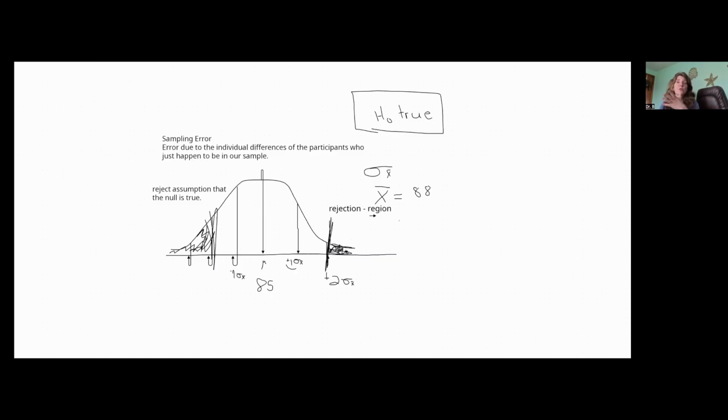We have error due to the individual differences of the subjects that just happen to be in our sample. Maybe we ended up with an extra group of students who took AP stats already. So they already had statistics under their belt before they even started this class. And so of course the mean's going to be higher in that particular case.